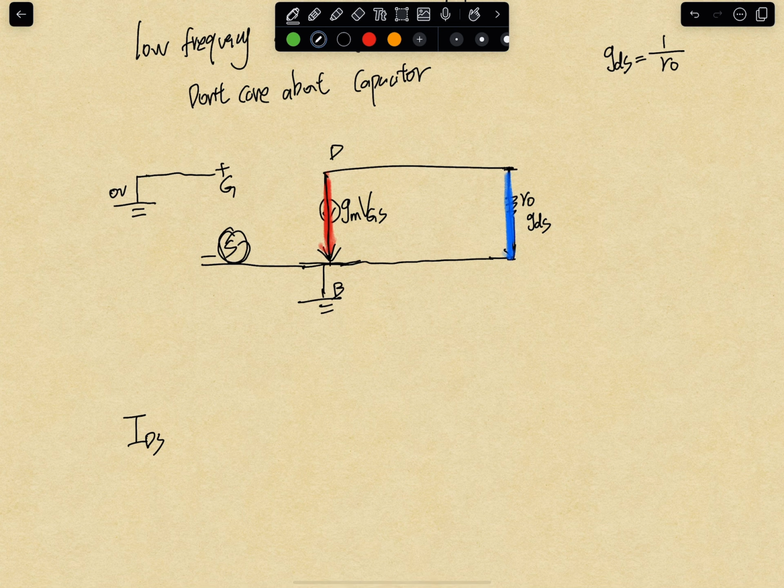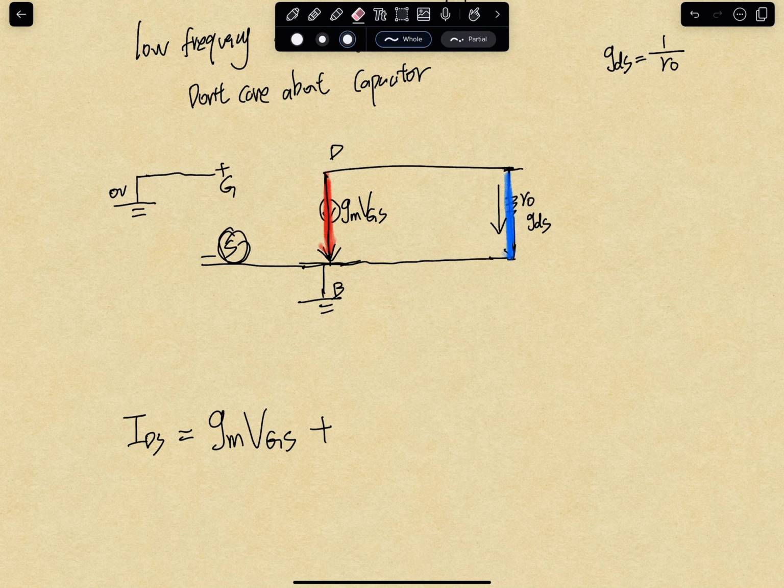So IDS will equal gm VGS plus the current through the resistor. The current IDS will equal the current coming here plus the current coming here because of KCL.